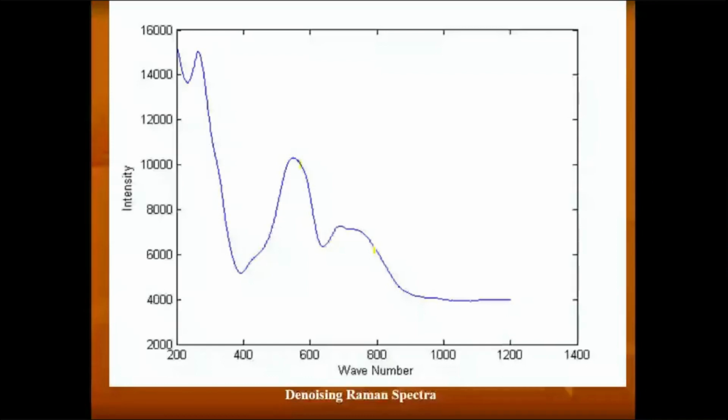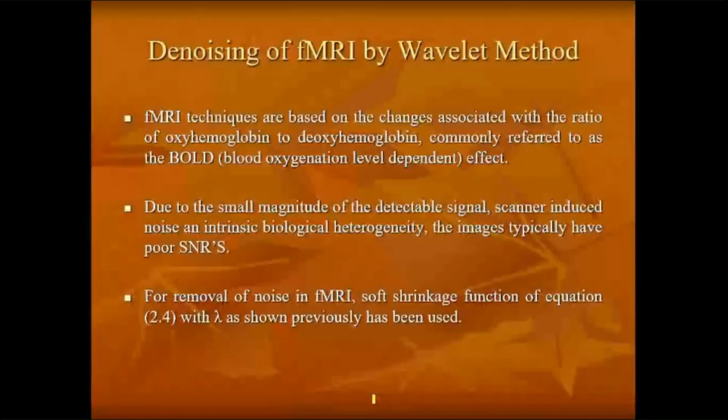This is just an example for the denoising of a signal. But when you are working in image processing, that is another part. So here is another example, the denoising of fMRI by the wavelet method. Some other examples are given here.